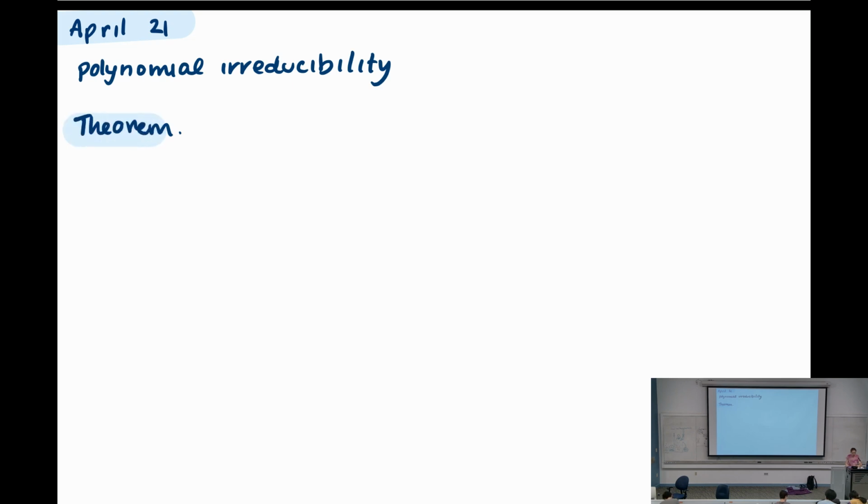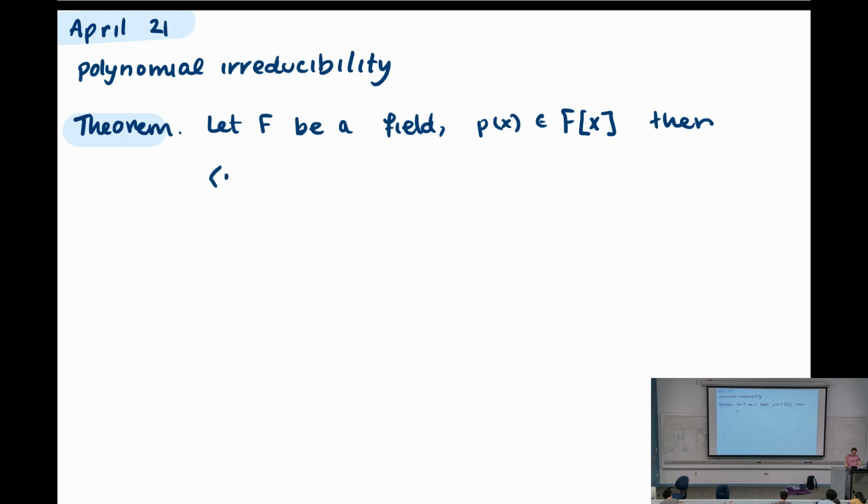Let F be a field, and P(x) be a polynomial with coefficients over F. Then the ideal generated by P(x) is maximal if and only if P(x) is irreducible over F.